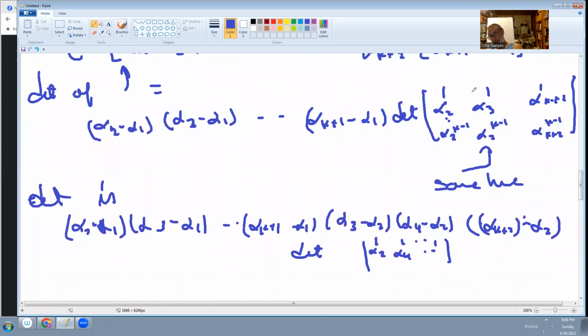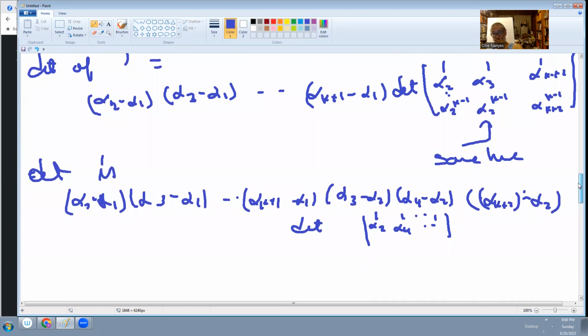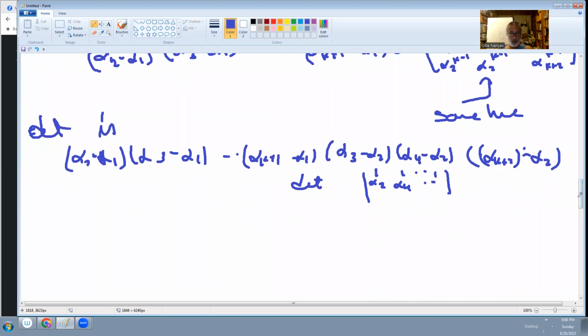This has one row, one dimension less than the previous matrix. So by the induction hypothesis, you can calculate the determinant of this matrix like that. So the total determinant, because you do the same thing again to calculate this, and then the same thing to calculate that, down till you get to a 2 by 2.